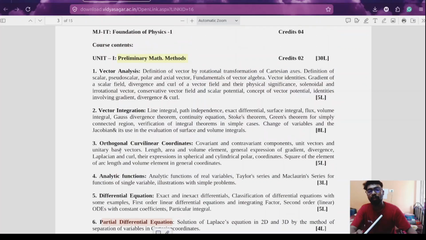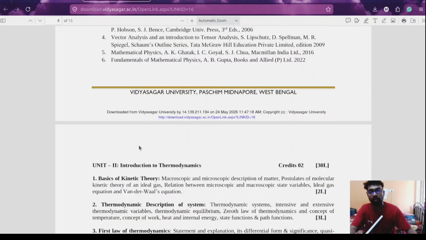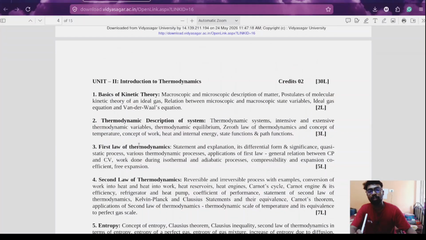Okay, great. Next, I come to the introduction to thermodynamics part. Here they have incorporated another subject in fundamental physics, that is introduction to thermodynamics. So basic kinetic theory is here also, thermodynamics, descriptions of system, first law of thermodynamics.